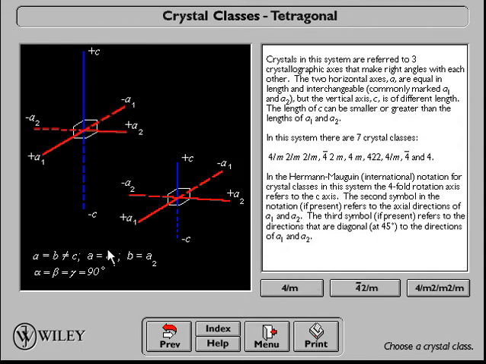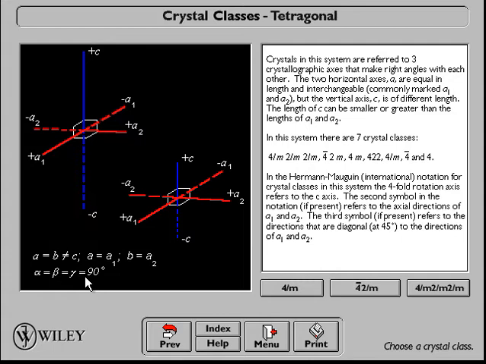So what is characteristic? A has the same length as B but not like C. A is A1, B is A2, and the angles alpha, beta and gamma are the same and are 90 degrees. So crystals in these systems are referred to 3 crystallographic axes that make right angles with each other.